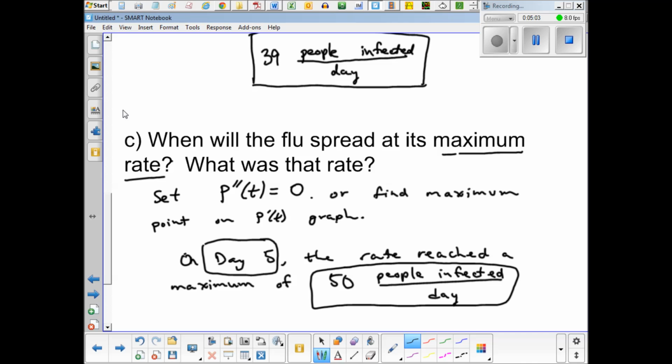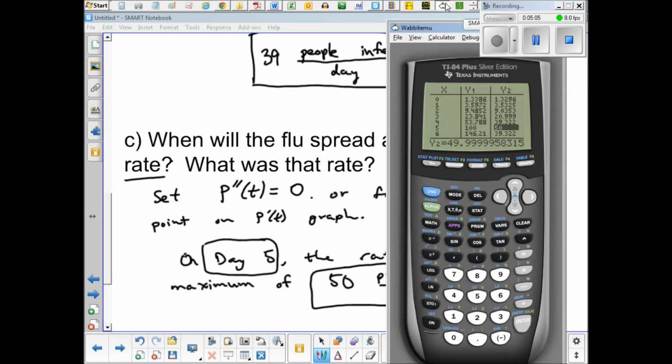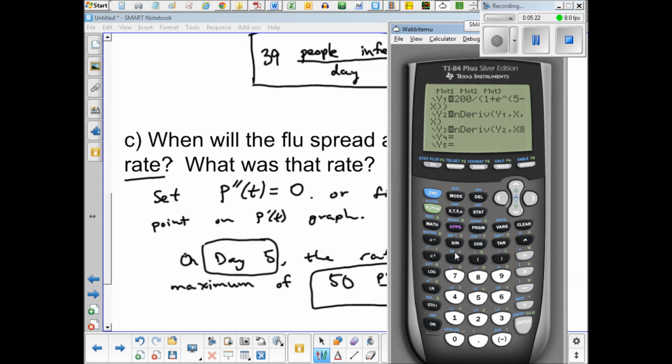So I'm going to go back and go to y equals, and under y3, I'm going to enter in math 8, y2, go down one to y2 there, comma, x, and I'm going to go ahead and turn off y1.